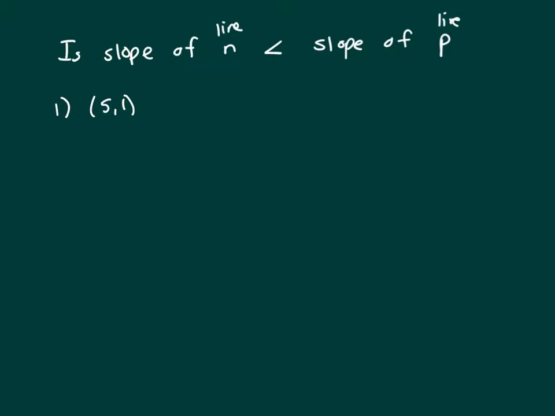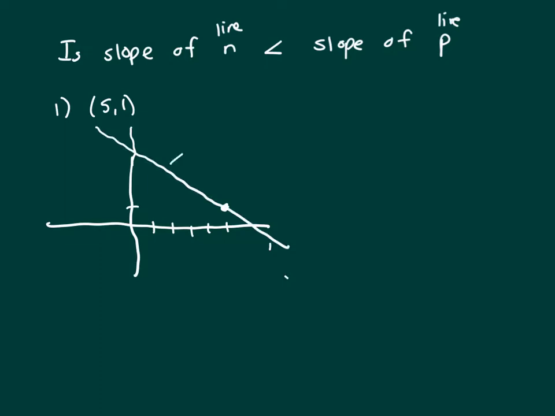So the first one is, that's the easy part. 1, 2, 3, 4, 5, 1. They intersect there. Okay. So let's do N like that.